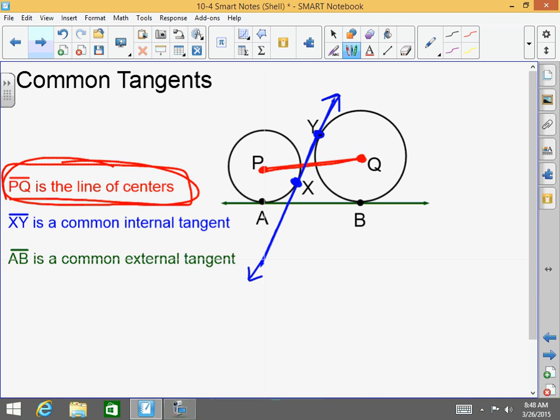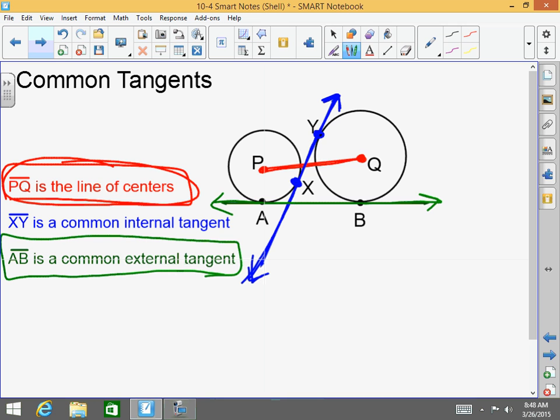And then you have what's called a common external tangent, which is a tangent to both circles, but it's on the outside of both.